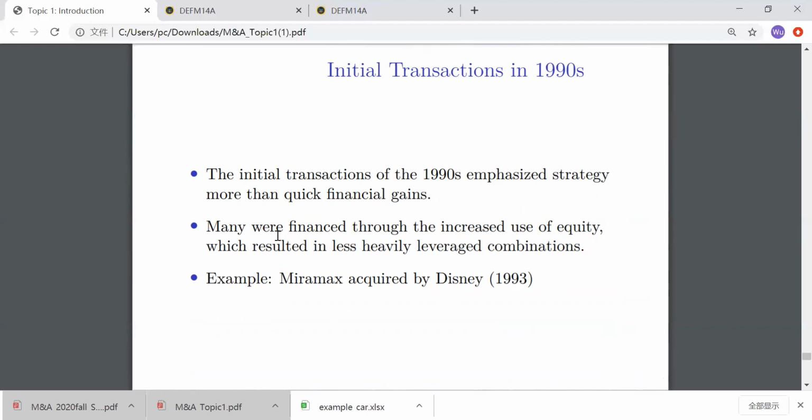Many of these acquisitions were financed through increased use of equity, which resulted in less heavily leveraged combinations. The initial transactions in this period emphasized strategy. The acquisition of Miramax by Disney was driven by strategy, because these two are horizontal competitors.